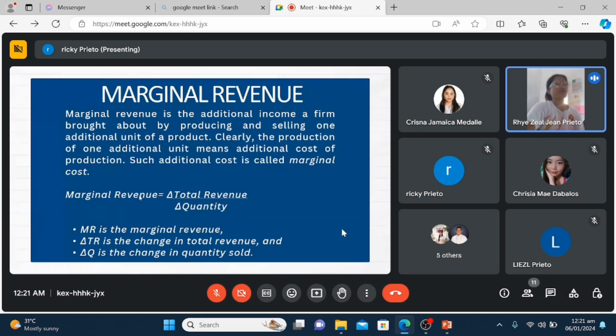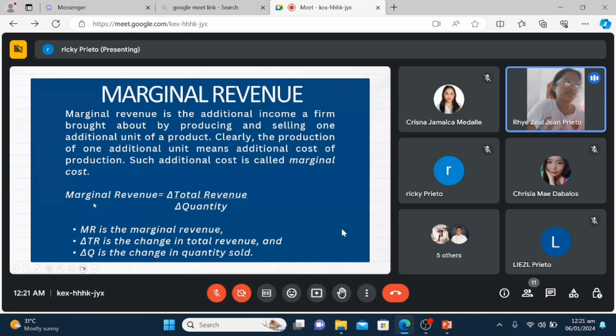Now, to calculate the marginal revenue, class, it is the same as the equation for how to calculate price elasticity, which involves the change in price and the change in quantity sold.